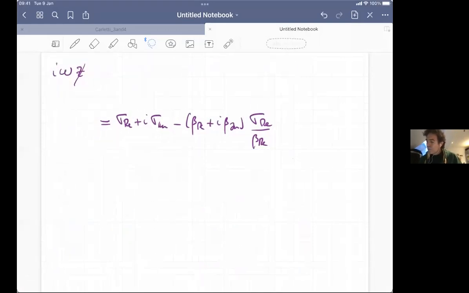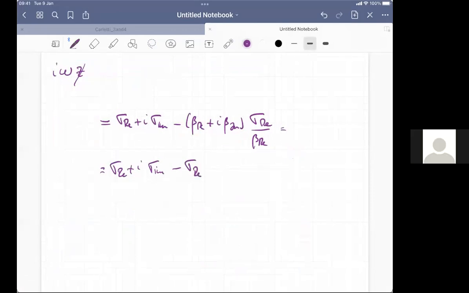Okay, and so now if you develop this term, you have real part of sigma plus i imaginary part of sigma. Then you have beta real times, so this term times this one gives you only the denominator. So this is a minus sigma real. And then you have minus i beta imaginary sigma real divided by beta real.